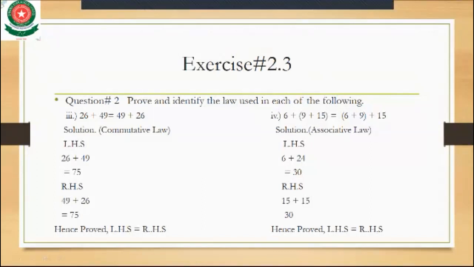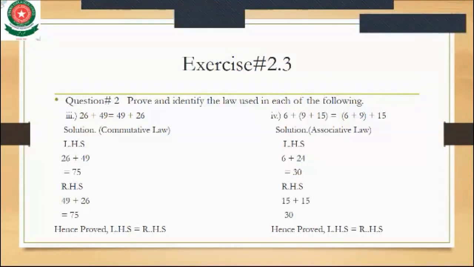Commutative law: when you add two whole numbers, this is known as the commutative law. And what is associative law? When you add three whole numbers, any two whole numbers can be added first. This is known as the associative law.